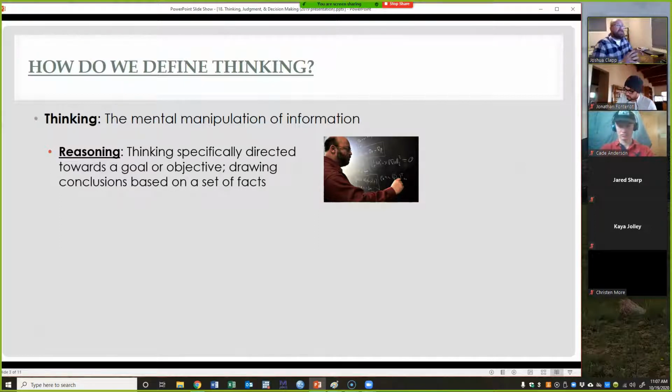This is thinking directed towards a specific goal or objective, starting to draw conclusions based on some set of facts. So for example, we're using some logic, thinking about things.